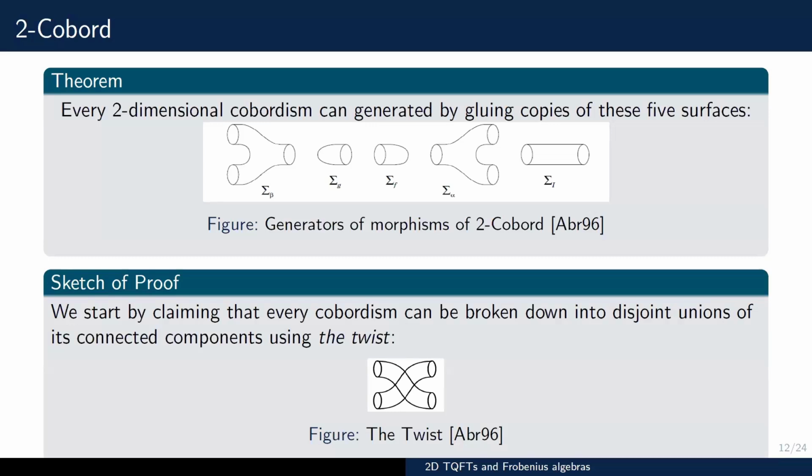All that this twist does is it reverses the order of our circles. I know it might seem from the diagram that these are self-intersecting, but they are not. None of them goes over each other. They are just two cylinders which reverse the order of the circles. Sometimes this twist element is also listed as a generator, but sometimes it's not.